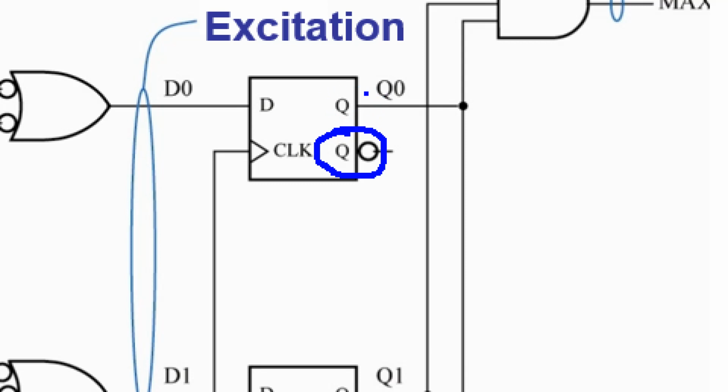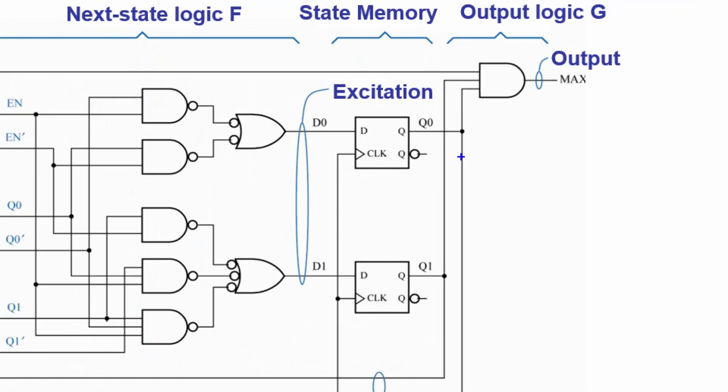Namely, if this output is 1, the other output will be 0, or if this output is 0, the other will be 1. It's dependent, right? So we don't count it. We will count just independent variables. For the simple case, you count just one output for each flip-flop.